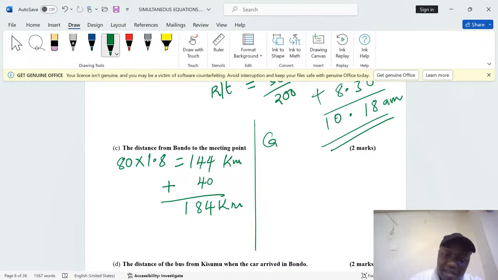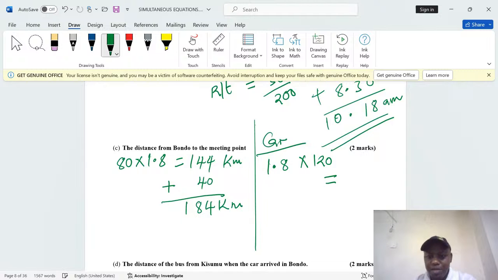That is after considering the bus. What if we consider the car, which is moving from the other side? It will be meeting after 1.8 hours at a speed of 120. We multiply by 1.8, and this gives us 216 kilometers. Therefore, the car will cover 216 for it to meet the bus.